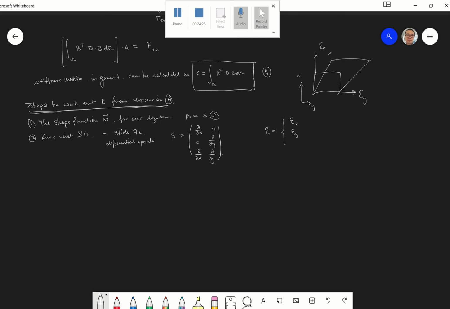Because you know that a square is not mechanically rigid, it can deform diagonally, so you will also have a contribution from the shear term, gamma xy.